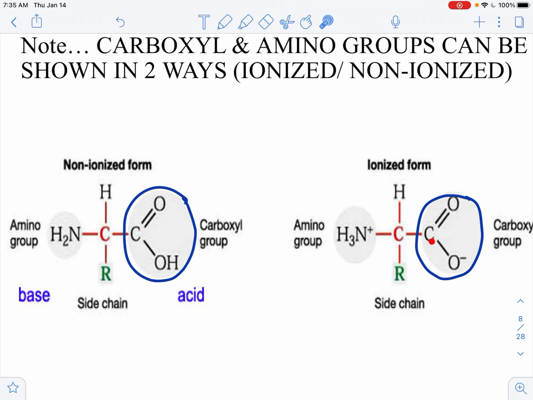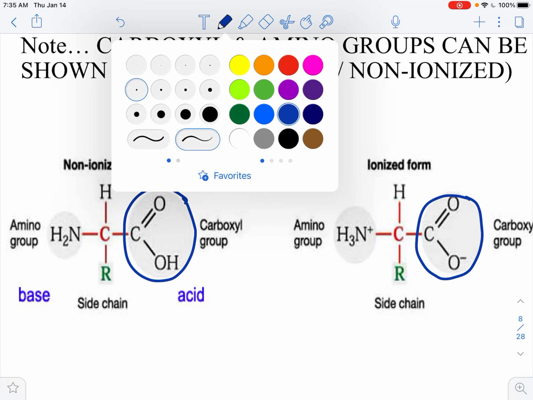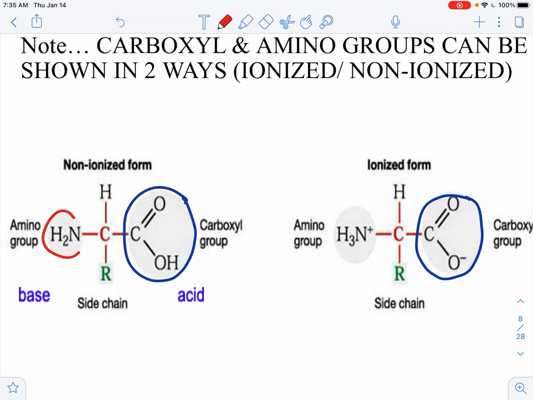and recognize that sometimes they show the carboxyl group as C double bond O, O minus, and then pick another color and you can see the amino group. Sometimes it's NH2. Again, they're drawing it, H2N here, they're drawing it backwards. But that's NH2. But also, you sometimes see it as NH3 plus.